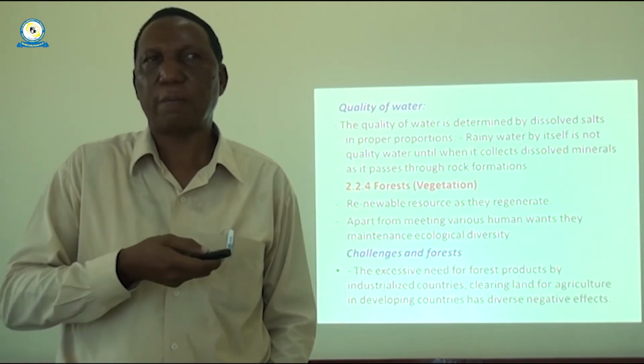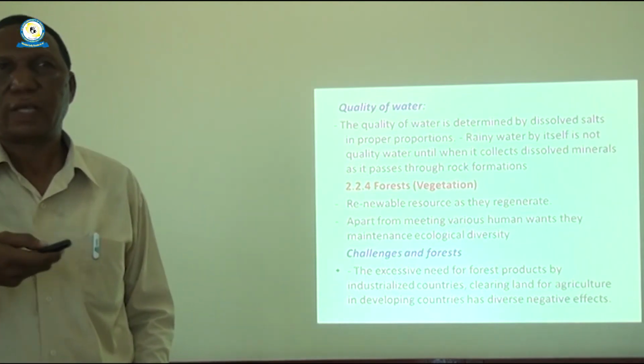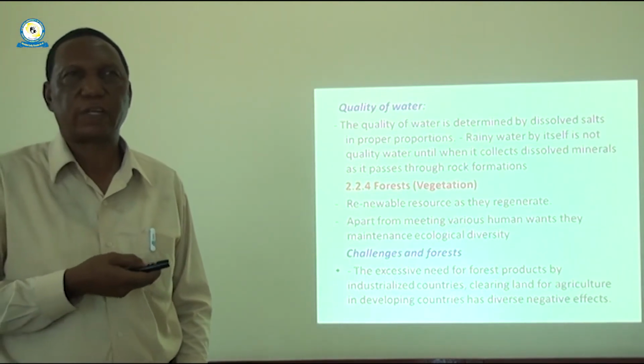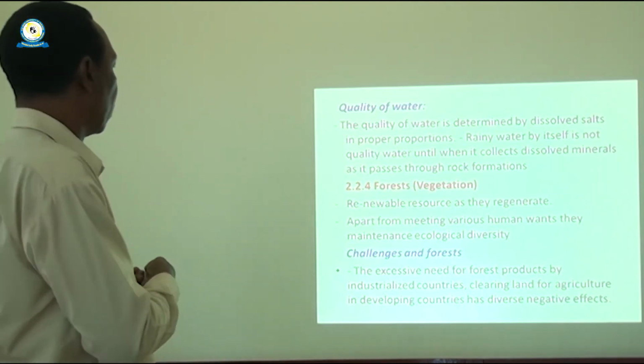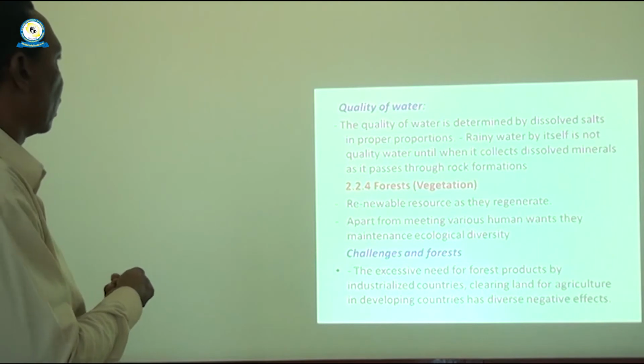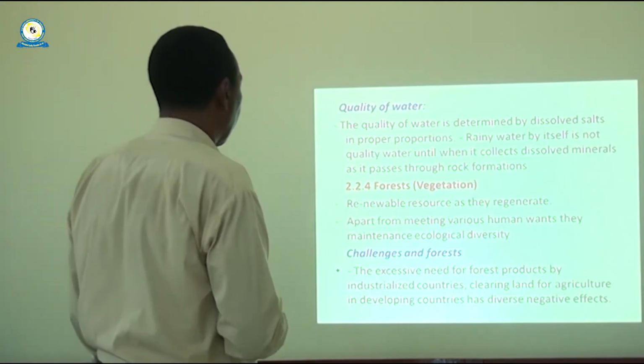This is the issue when we are talking about sustainable forests, whereby the depletion of forests does not assure us of getting a sustainable forest. So it's the wise use of forests that can ensure that some of the forests can be renewable.